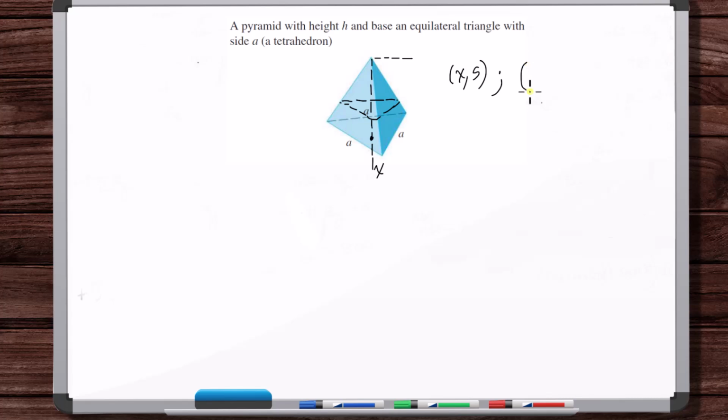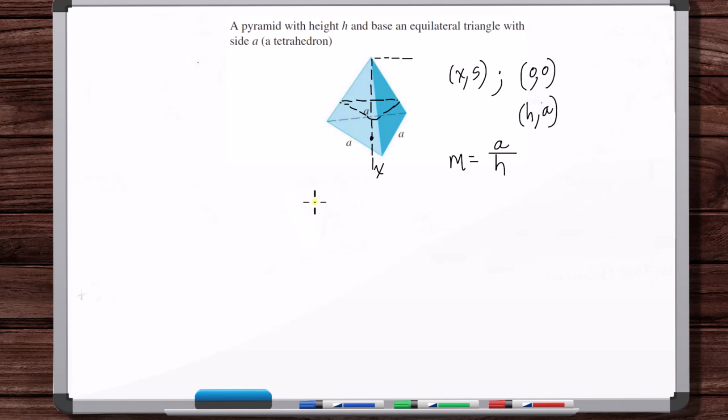What points do we know? When x is equal to 0, the side length is equal to 0. When x is equal to h, the side length is equal to a. So m is y2 minus y1 over x2 minus x1, which is a over h.